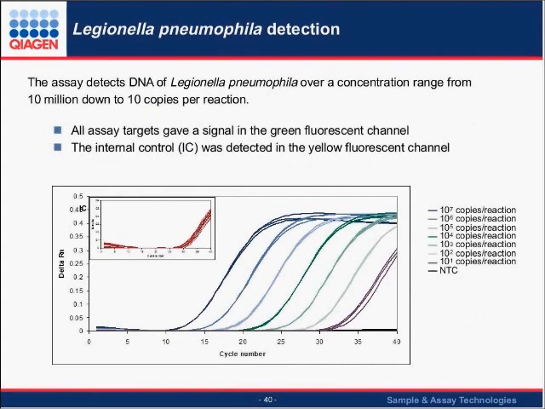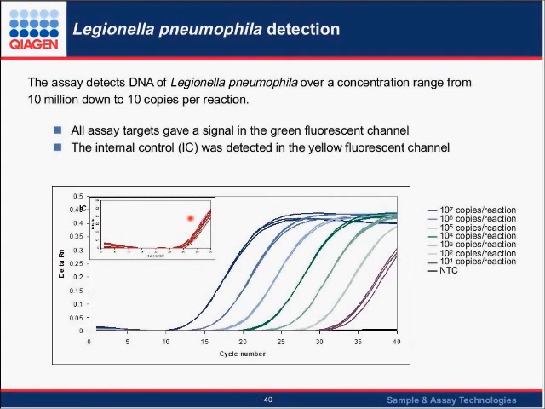This is some validation data for Legionella pneumophila. What we did was set up a dilution series with Legionella, starting with 10 to the 7th copies all the way down to 10 copies, looking at how well we can detect it.